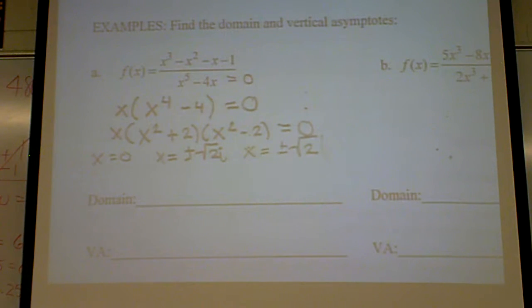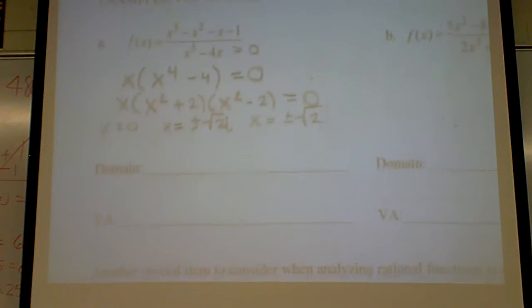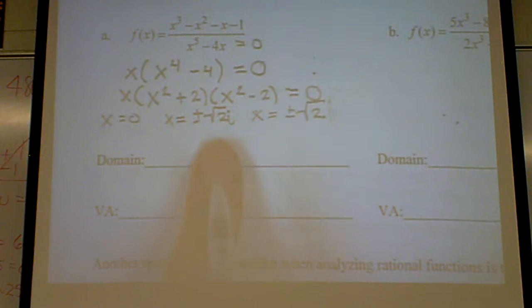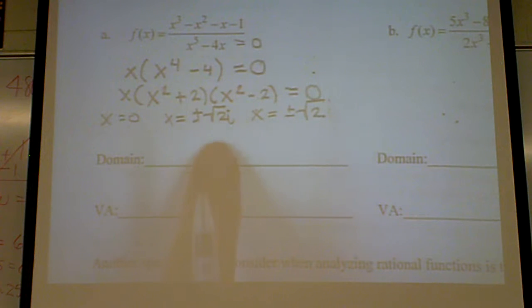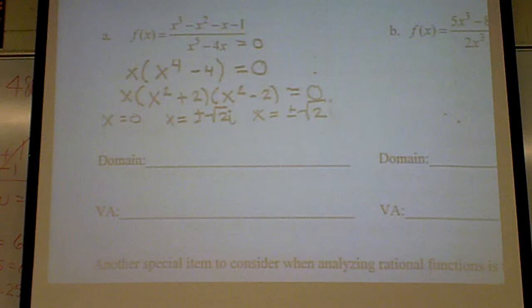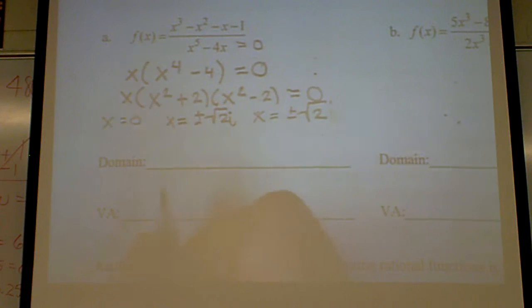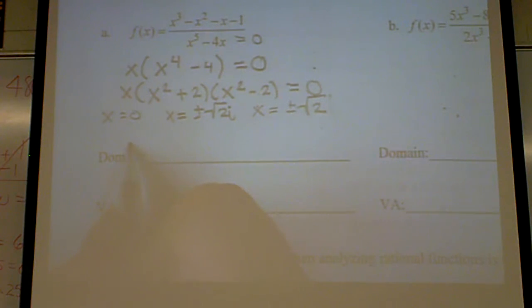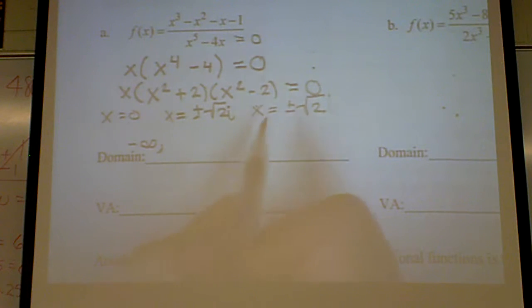So my domain would be, what's my smallest one? Negative, so I'm going from negative infinity to negative square root of 2.